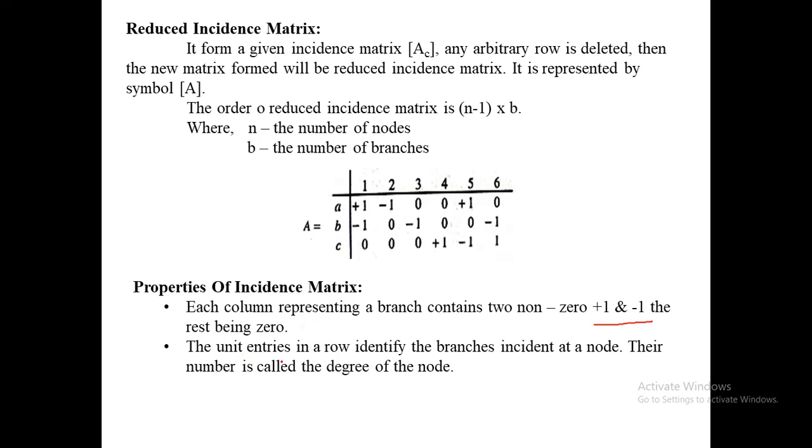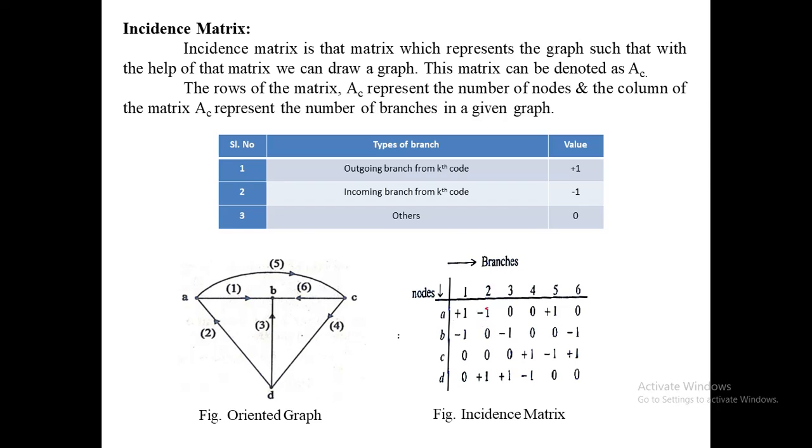Next, the unit entries in a row identify the branches incident at a node. We know that the number of branches incident at a node is called the degree of the node. In this incidence matrix, for node A the degree is 3, because it has 3 values: +1, -1, +1.